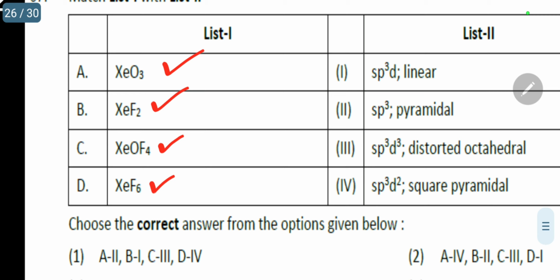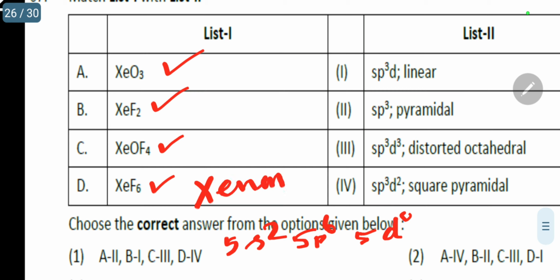In all the cases, I have already written the configuration 5s2, 5p6 and 5d0. This is the electronic configuration of helium, neon, argon, krypton and xenon.